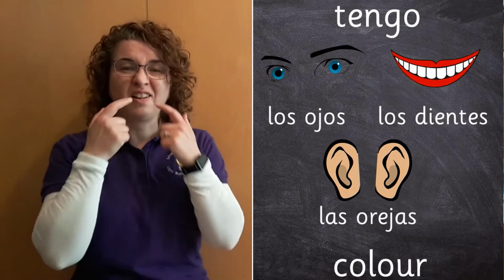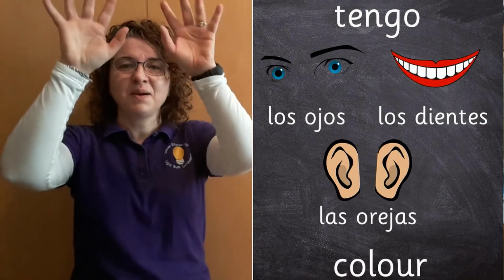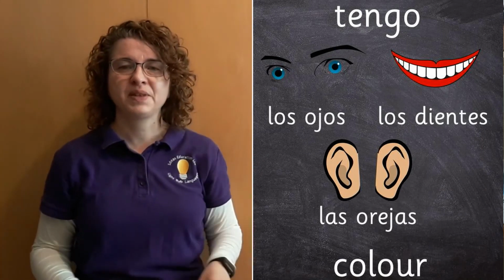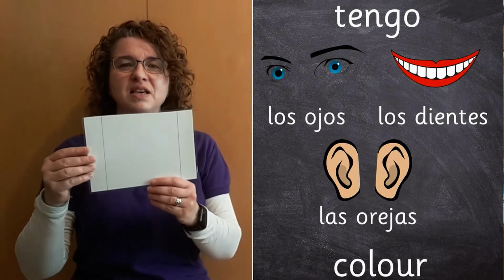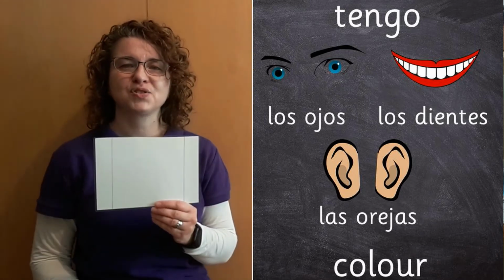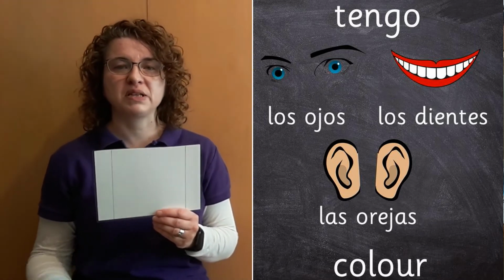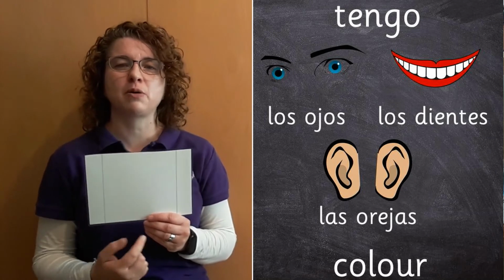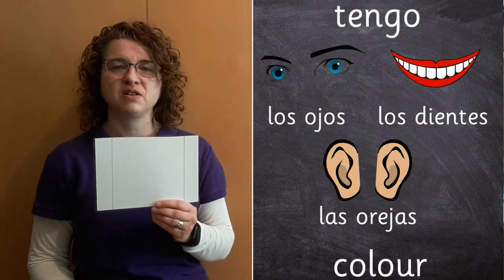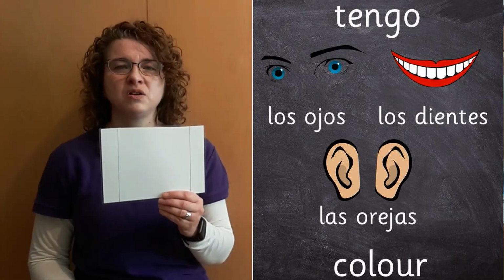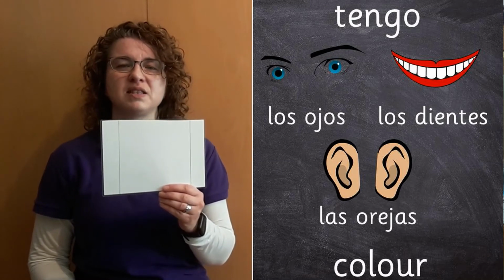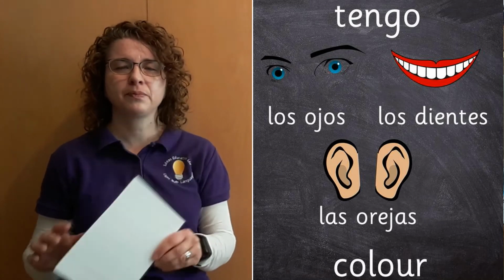Tengo los dientes blancos. And because we're describing something plural again, we've got to put our s on the end of our colour, which ends in o. So, tengo los dientes blancos.